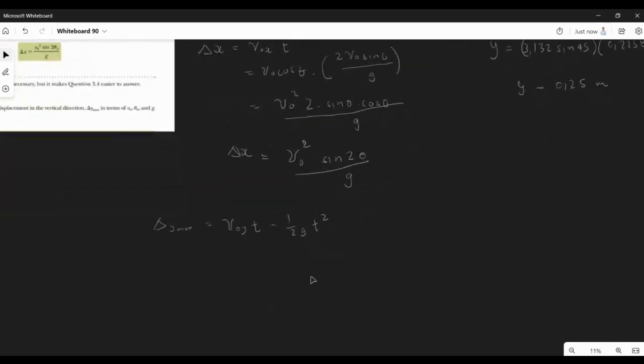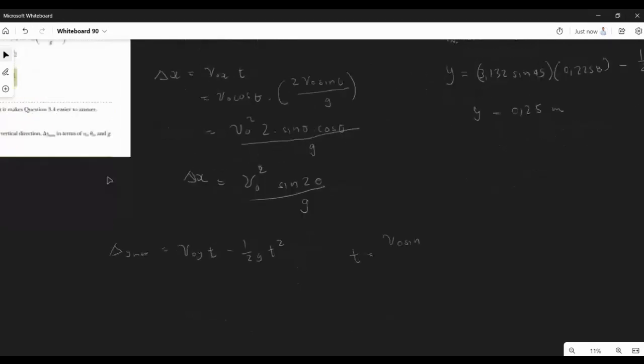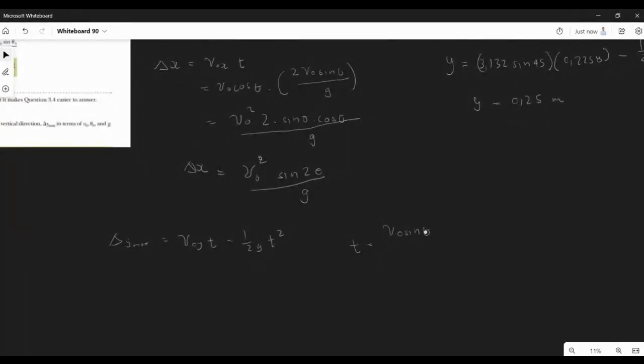The time here was V0 sine theta divided by G. The reason for the 2 times there is because we're dealing with the x direction.